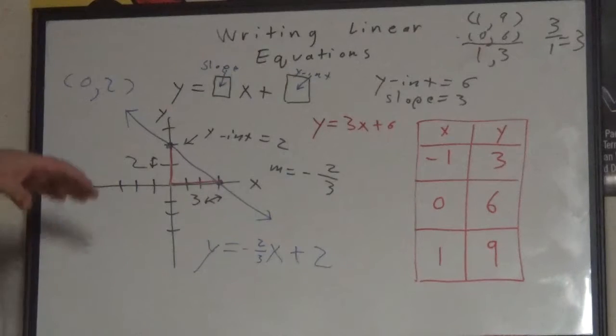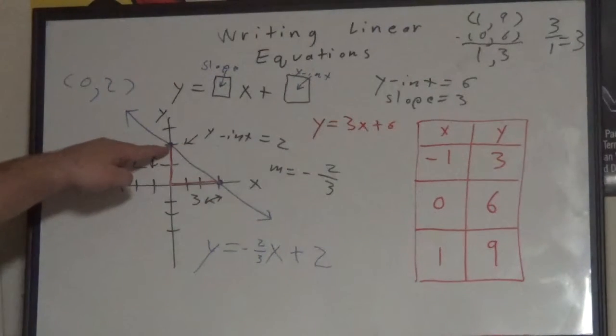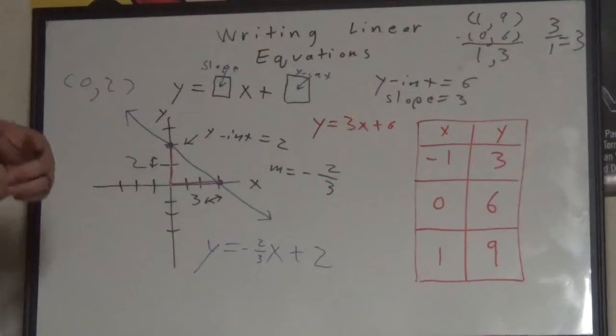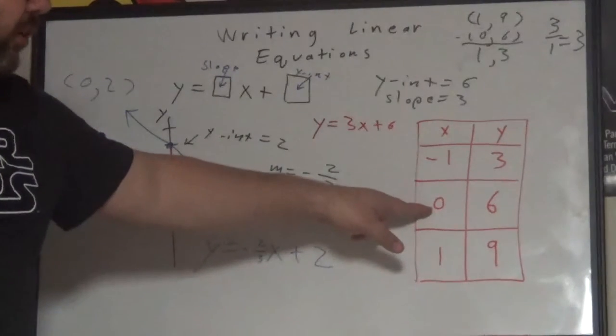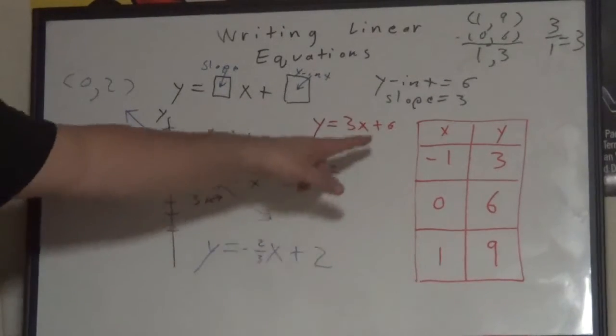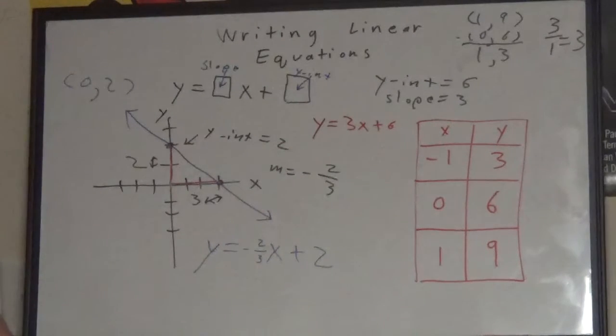You need to know the y-intercept, which is where the line crosses the y-axis, and also is the value of y when x equals 0. That is the y-intercept. That is your constant. It goes by itself in the equation.